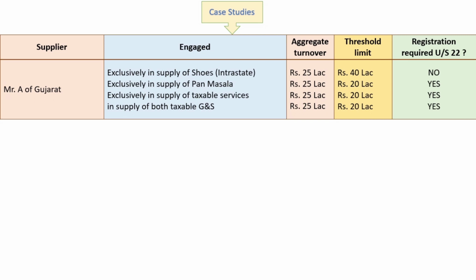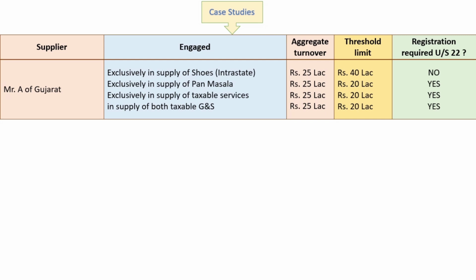So that is why applicable limit is 40 lakh. So now whether he is liable for registration or not, answer is no, because his aggregate turnover is less than threshold limit.